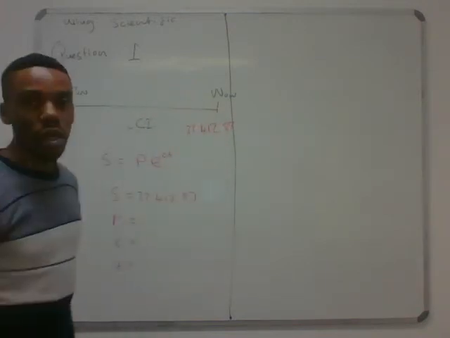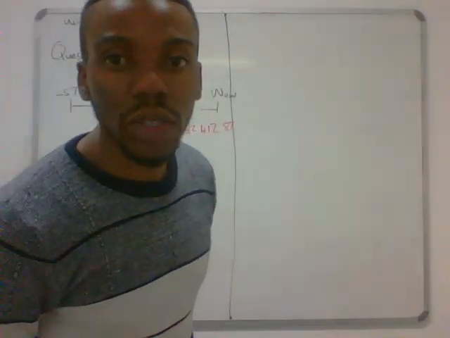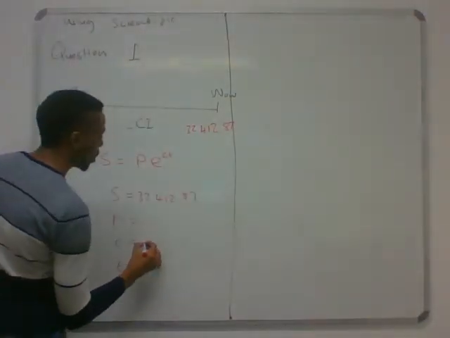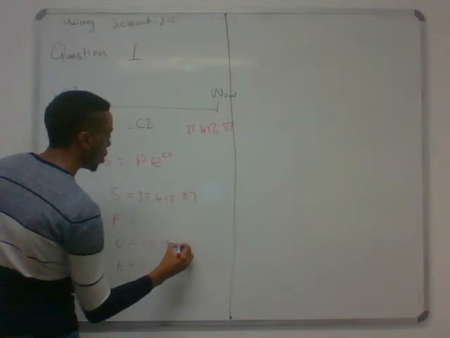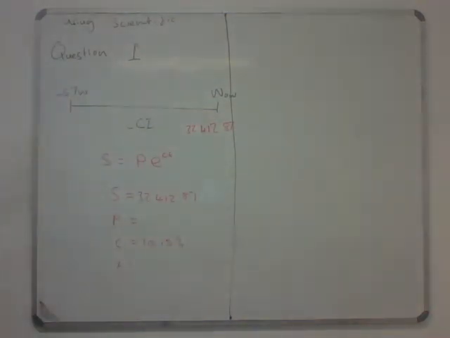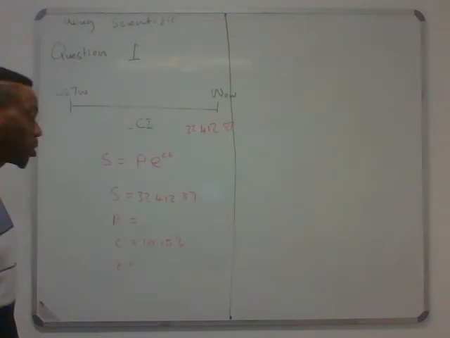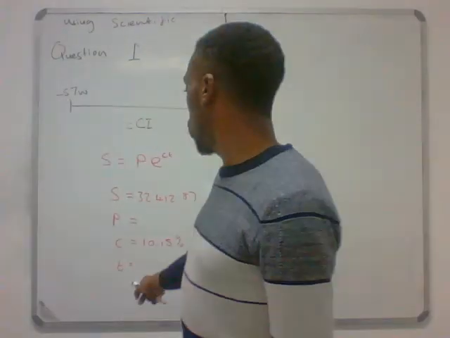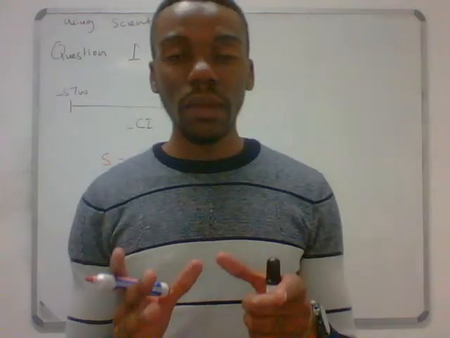Then the annual continuous compounding rate is 10.15 percent. Excuse me, it looks like I'm in bed with flu today, but it doesn't matter. We also have the time. The time is in weeks, and remember that time is always supposed to be in years.